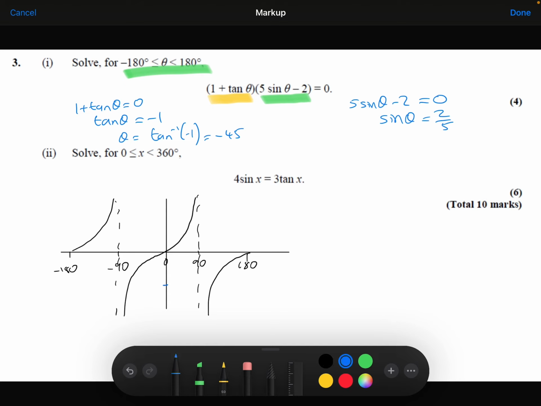So it's equal to minus 1 here, which we know is the minus 45, and also here, that would be 180 minus 45, which is 135. So these are the two values of theta that make this bracket become 0.